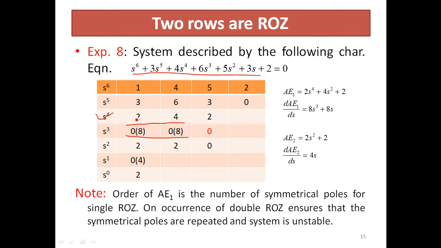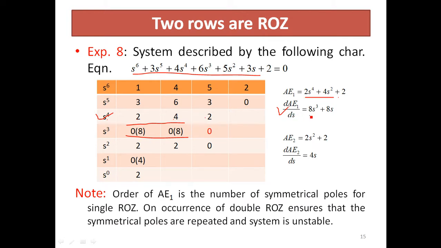The auxiliary equation would be 2 into s raised to power 4 plus 4 into s raised to power 2 plus 2. Now get the derivative of this first auxiliary equation with respect to s.